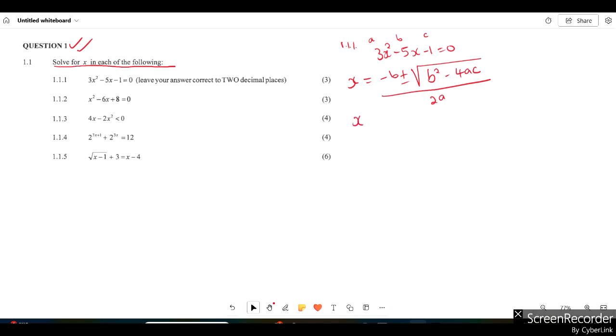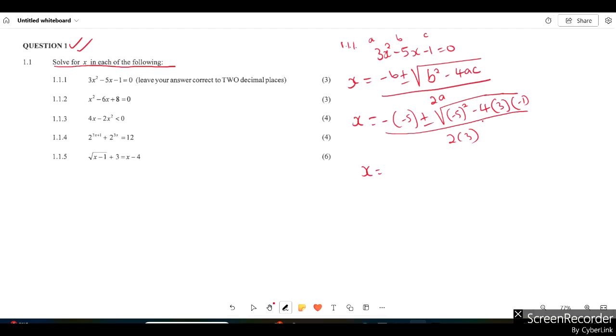What you need to do is just substitute. So x is going to be minus b, which is negative 5. You're going to substitute negative 5, and plus or minus root of b squared, which is negative 5 squared, minus 4, where a is 3 and c is negative 1, everything divided by 2 and then a is 3.